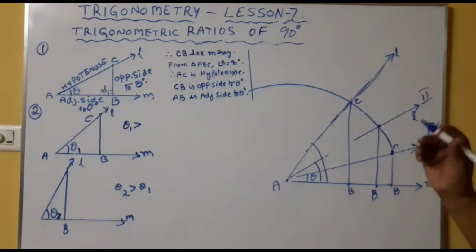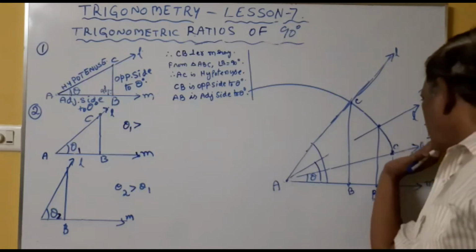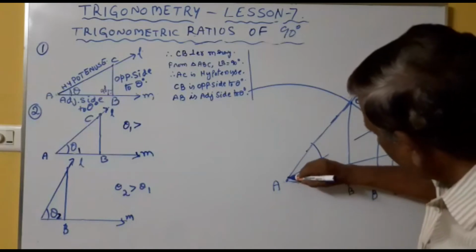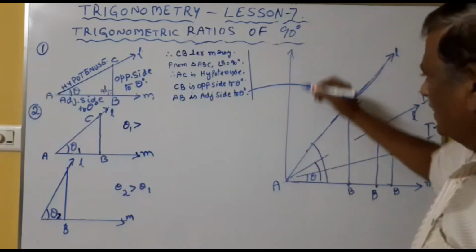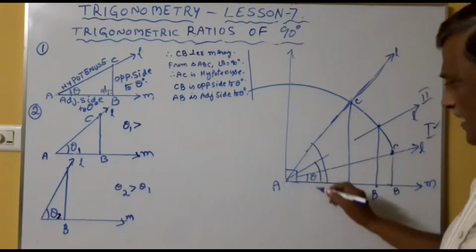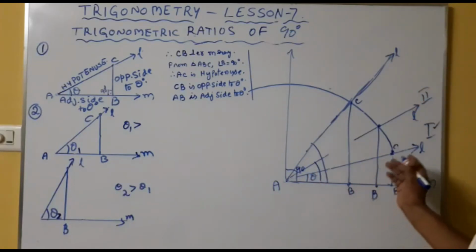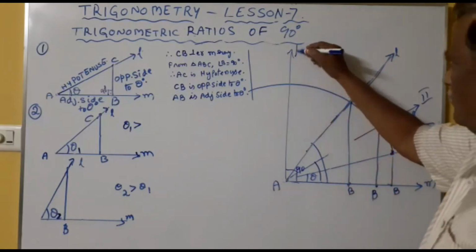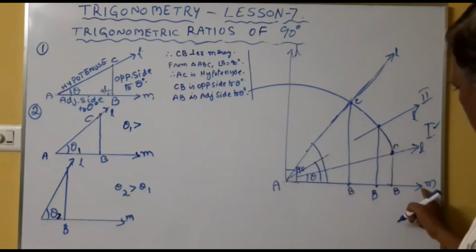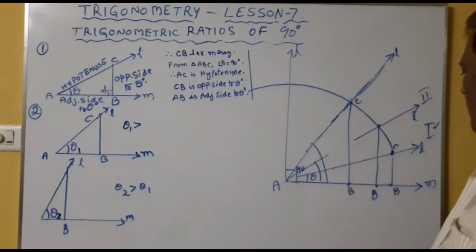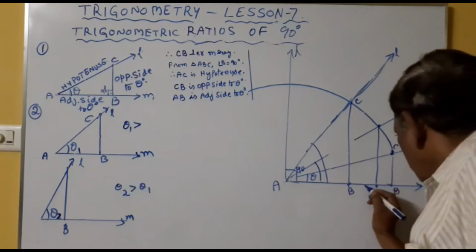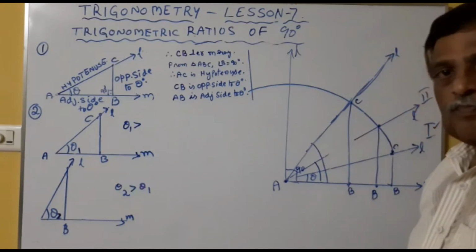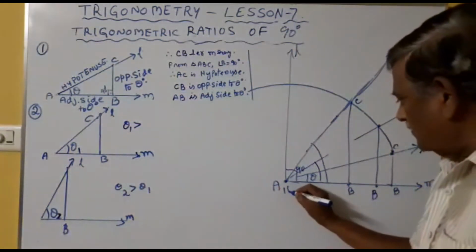Now, let us think what happens when this L ray reaches the position of 90 degrees angle, here the 90 degrees. When L ray makes 90 degrees with M ray, the foot of the perpendicular gradually moves and reaches A. So A and B coincide.